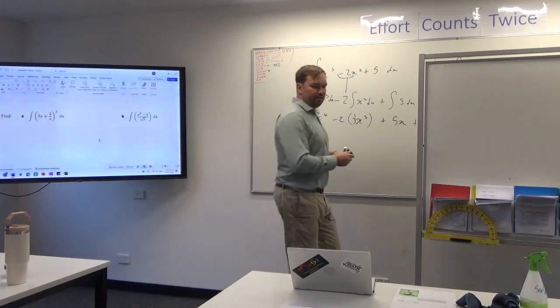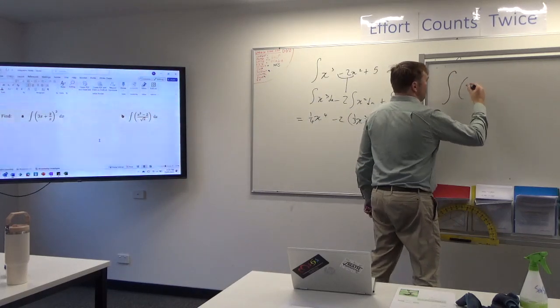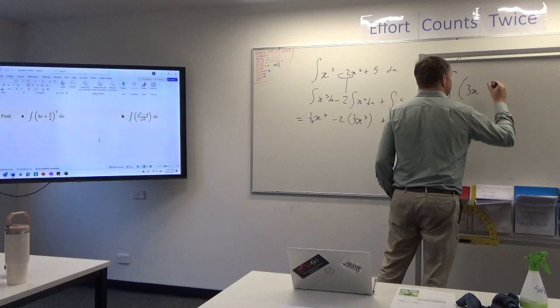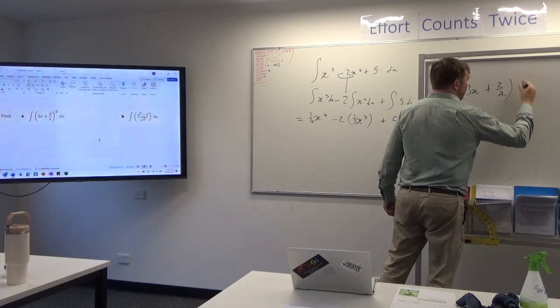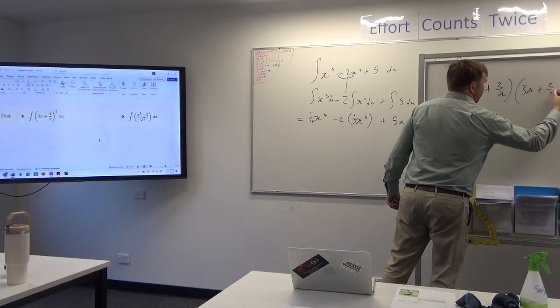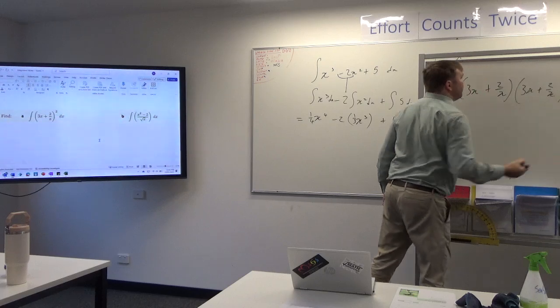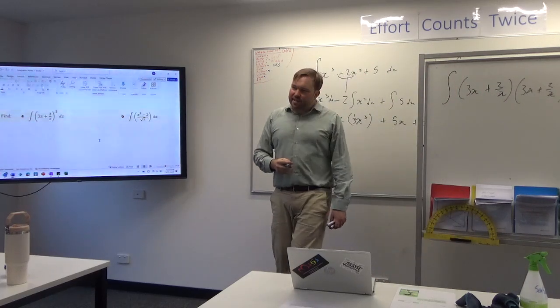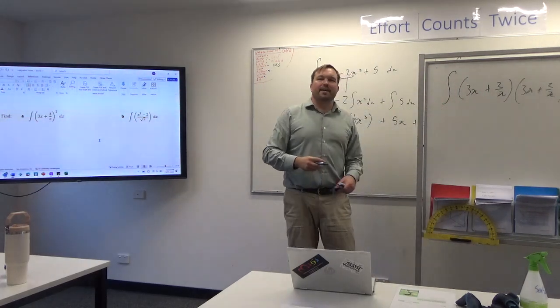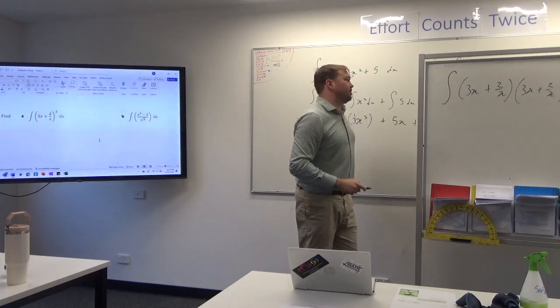If that makes sense. So, I would rewrite this as 3x plus 2 on x, 3x plus 2 on x dx. And then we're doing expanding and simplifying in here until we can get to something where we can just pick each one out.